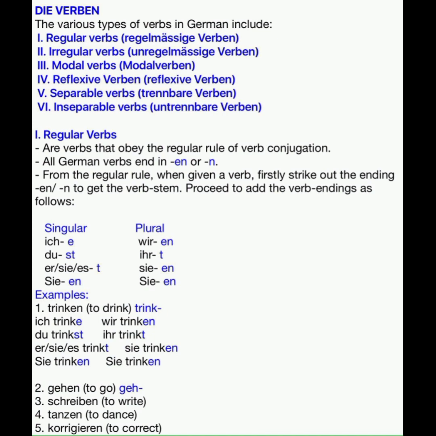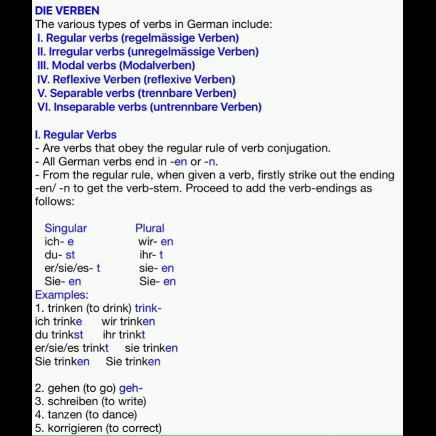I have the reflexive verbs, reflexive Verben. Then there's the separable verbs, we call it trennbare Verben. And then finally, inseparable verbs, that is untrennbare Verben. So these are the various types of verbs that we're going to cover in this video, okay?